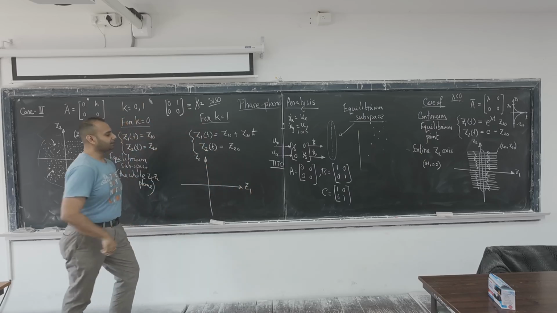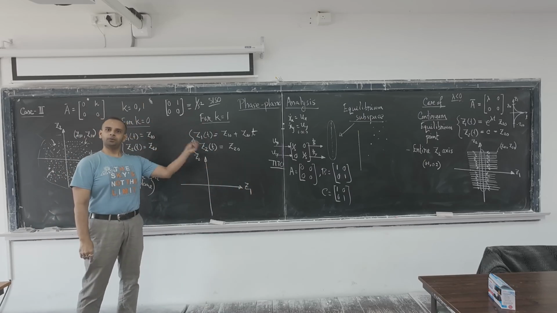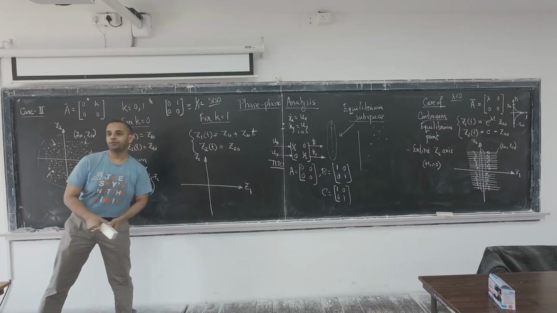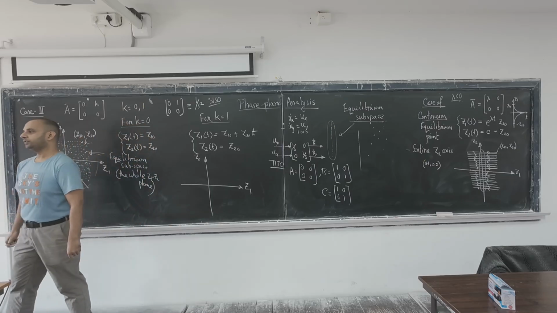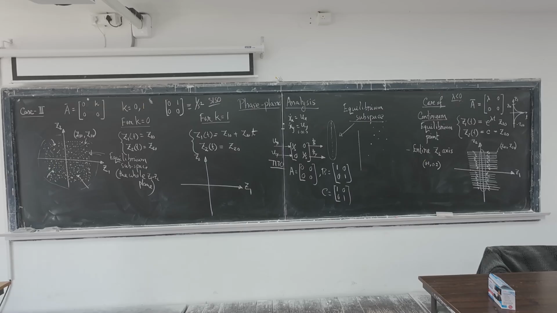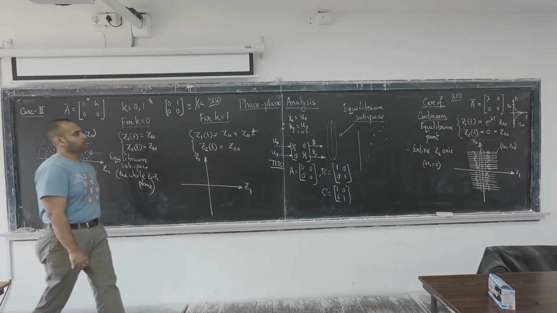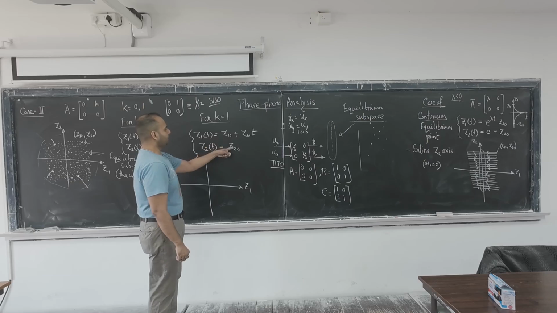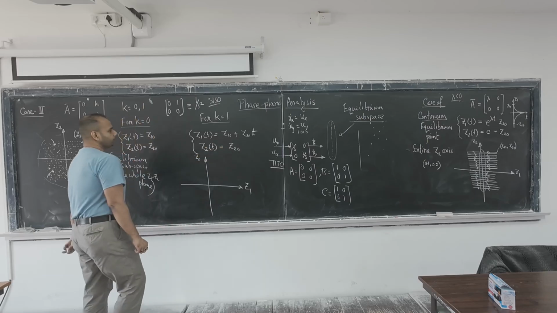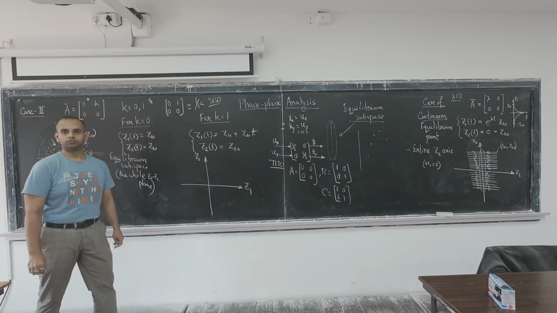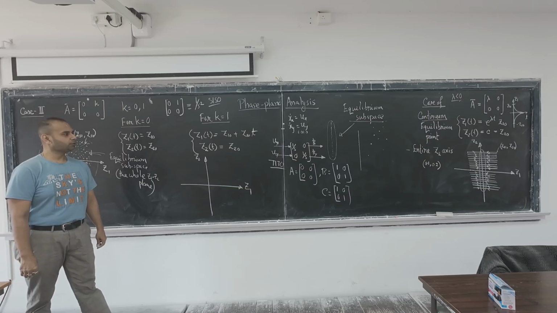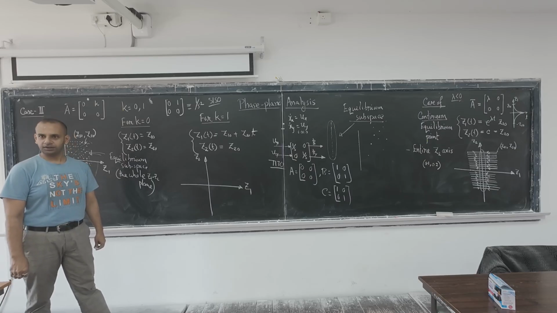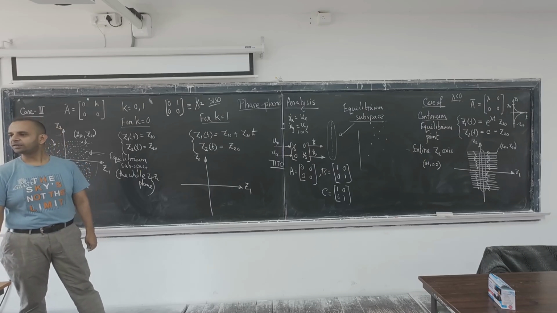So in this case, can anybody tell me what will be the shape of the phase trajectories? Think a little and tell me. In this case, Z10, Z20, both of them are constant initial conditions. Then what will be the shape of the phase trajectories?